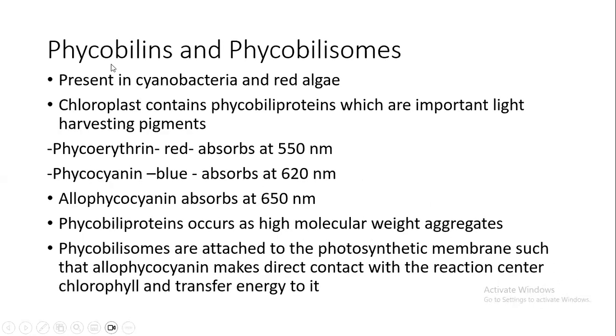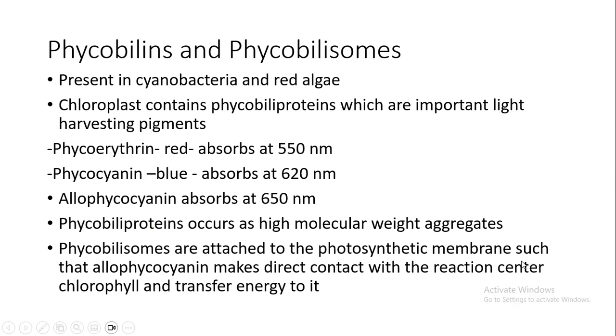Then we have other pigments such as phycobilins and phycobilisomes present in the case of cyanobacteria and red algae. These consist of the red pigment phycoerythrin that absorbs at 550 nanometer, phycocyanin that absorbs at around 620 nanometer, and allophycocyanin that absorbs at around 650 nanometer.